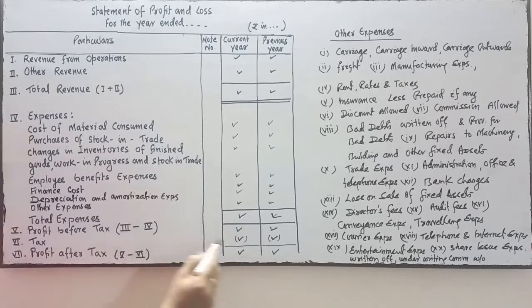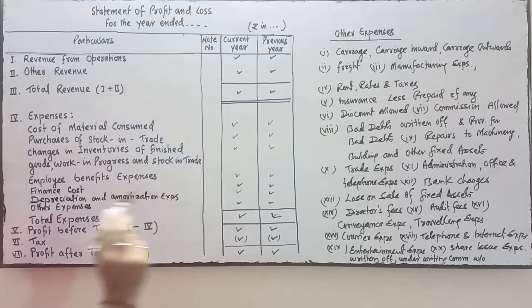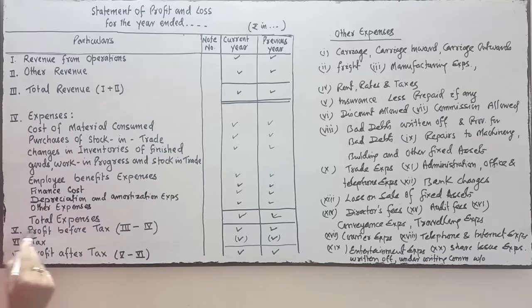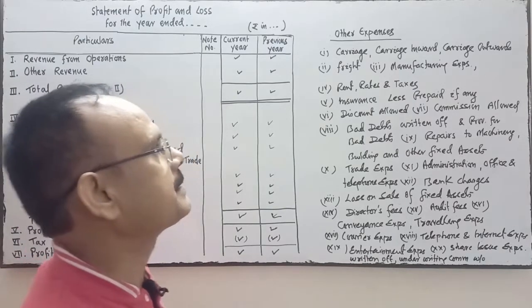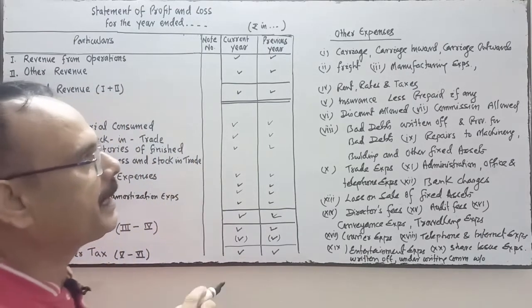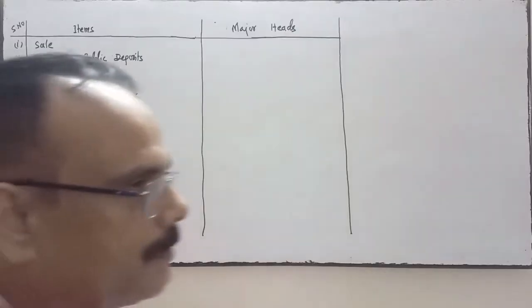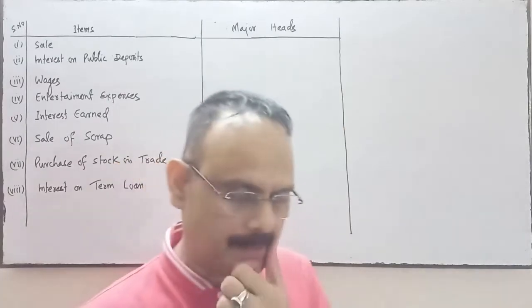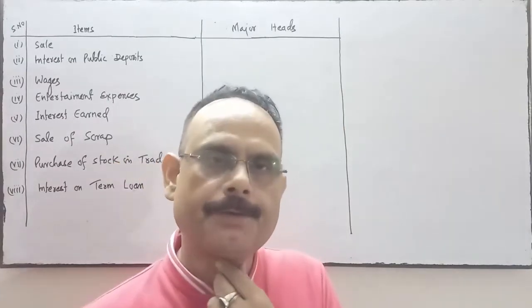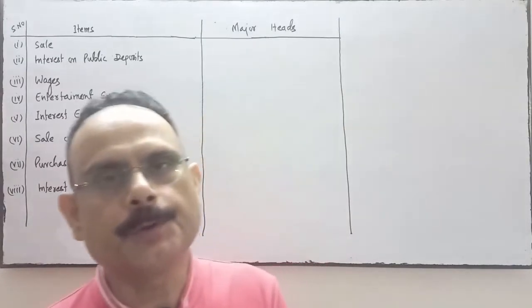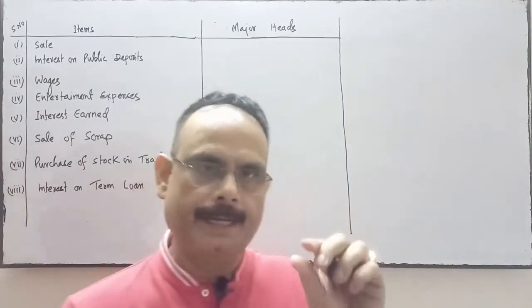Then tax will be deducted, and fifth minus sixth, profit before tax minus tax, gives the profit after tax. Is it clear? Profit after tax. Now we will see one question and identify under which heading a particular item will fall.